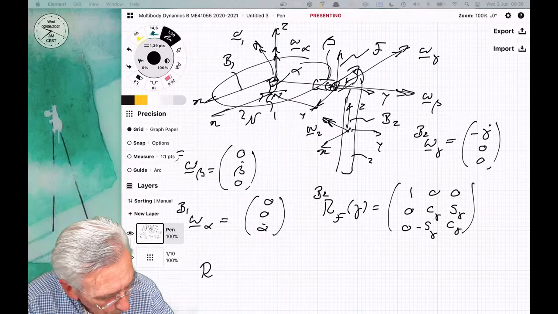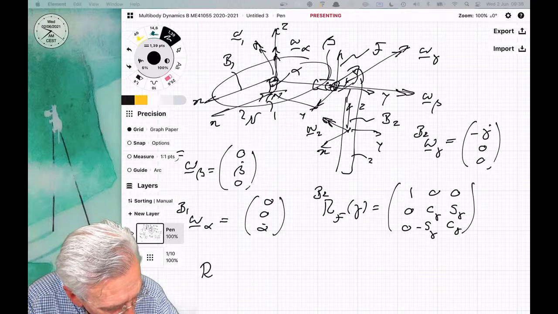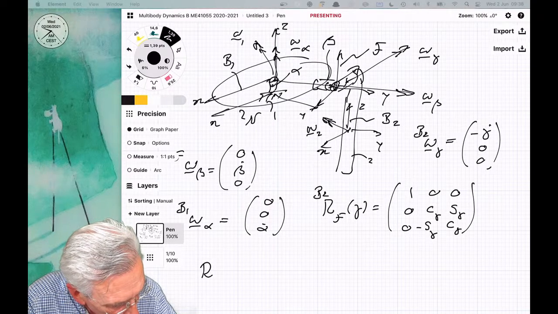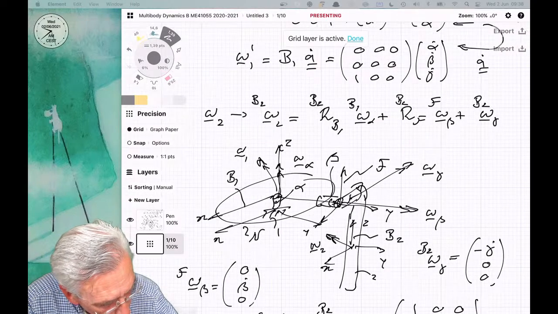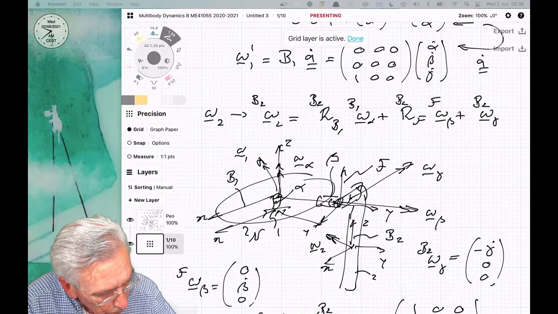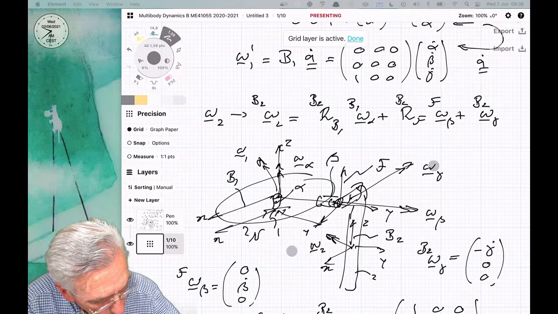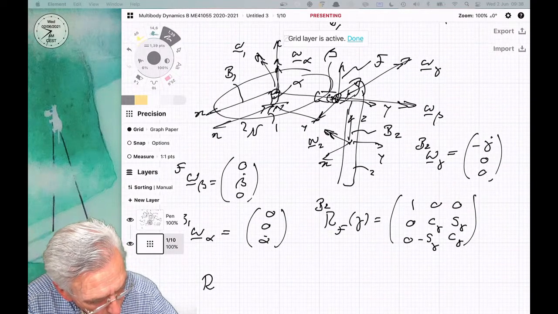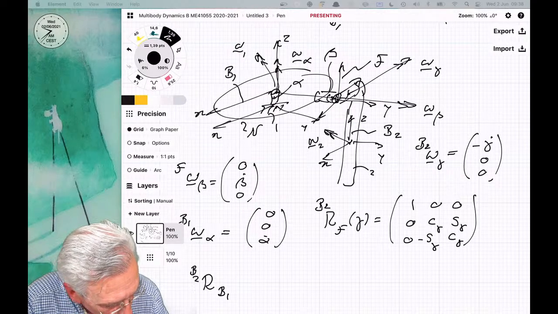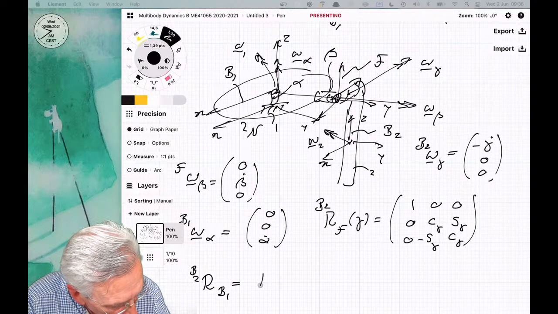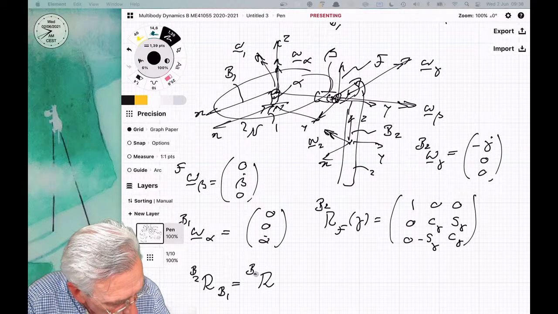Yeah, I know that I only have to go from B1 to B2, right? Let's check that again. Backwards from B1 to B2. Backwards, backwards, backwards. B1 to B2 is, well, the outcome should be B2.